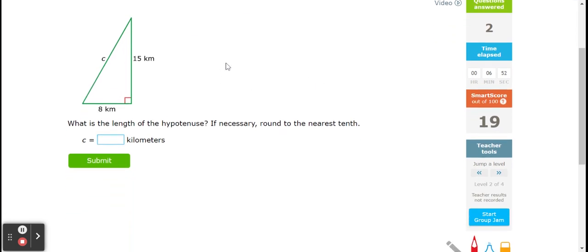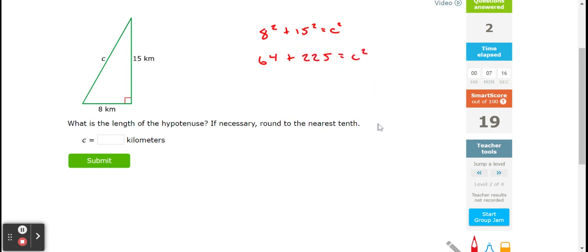I'll do a couple more just to see if they give any weird ones here. 8 squared plus 15 squared equals c squared. I will have to use my calculator on this one. 8 squared I know is 64, and 15 squared is 225. So this is 64 plus 225 equals c squared.